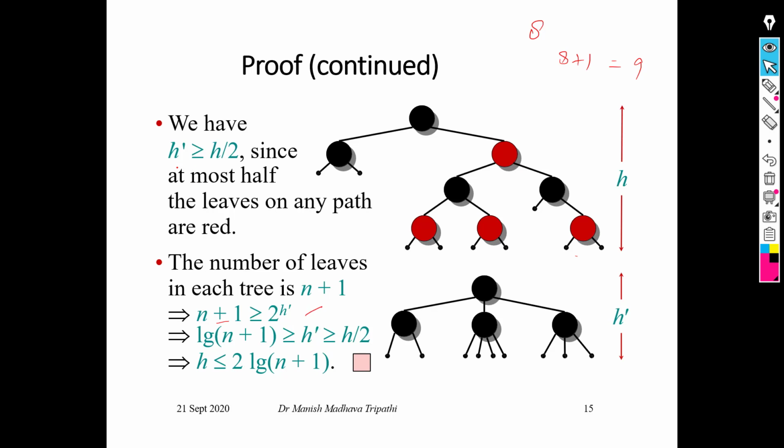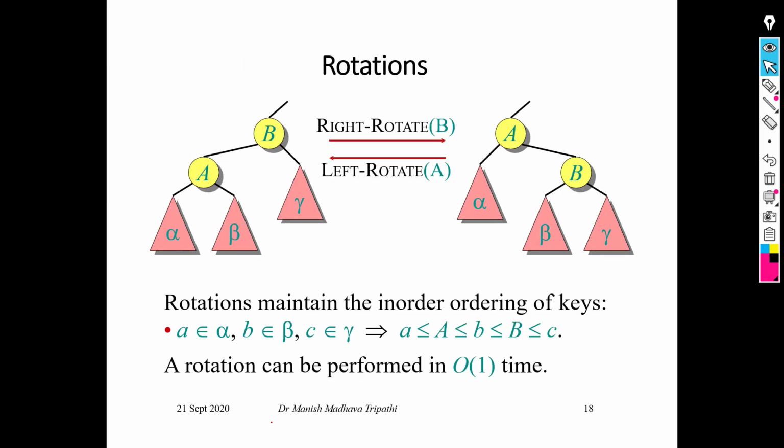Because h dash is greater than or equal to h by 2, therefore h by 2 is at most log n plus 1. If we multiply both sides by 2, then we get h is less than or equal to 2 log n plus 1. So in this way we have proved our theorem that the height h will be less than or equal to 2 log n plus 1. This is the most important property, and in this way we can prove it.